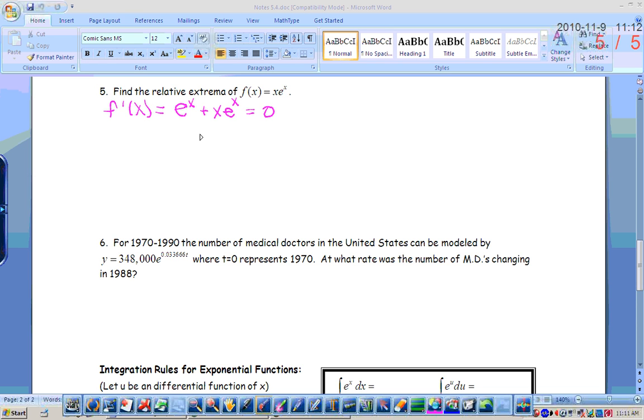All right, how do you want to solve this equal to 0? Okay, factor out an e to the x, and you're left with e to the x equals 0 and x plus 1 equals 0, so x equals negative 1. What value of x will make e to the x equal 0?